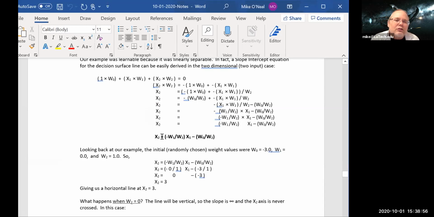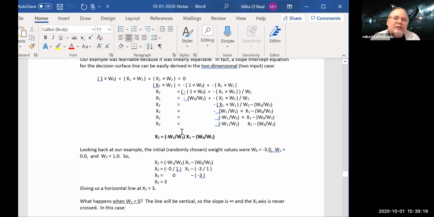Remember, x2 is just our y, and x1 is just our x. And what's slope-intercept? y equals mx plus b. So this here is the slope, and this is the intercept where it crosses the x-axis, the x1 axis.